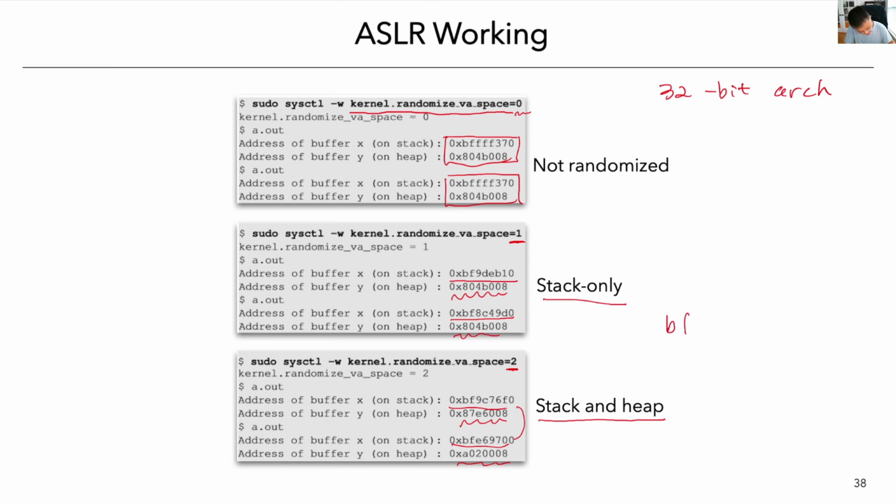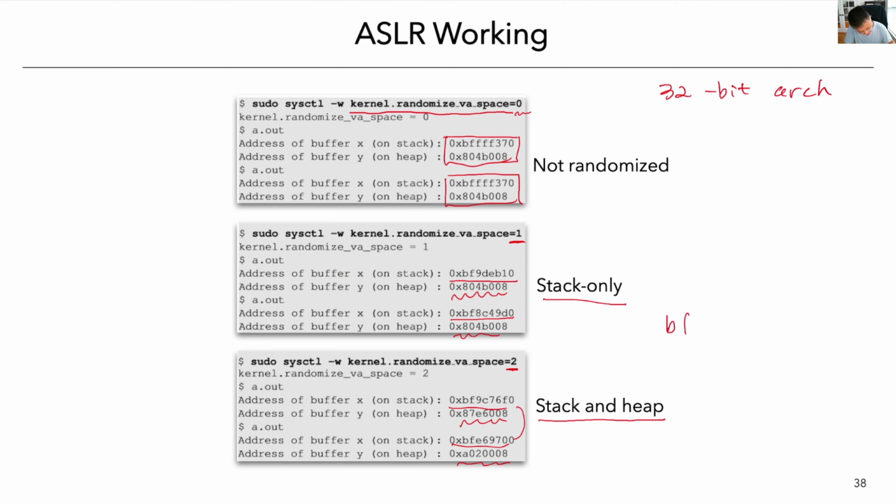And also because of the way the stack is organized, the last 4 bits are also the same. So the entropy will be 32 bits minus 11 minus 4. That will equal 17 bits.